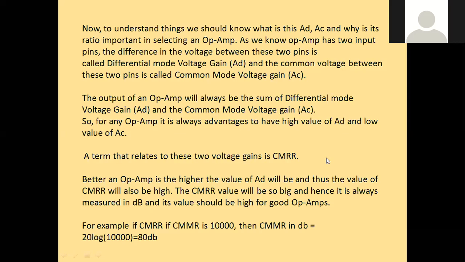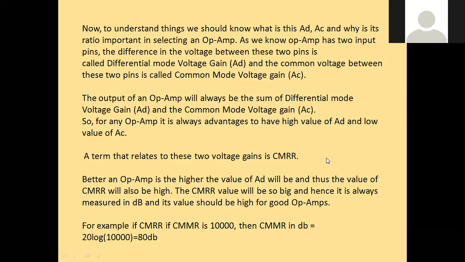And it is always observed that the value of CMRR should be very high. So if we want the value of CMRR to be high, we have to select such signals that the value of AD is high when compared to the value of AC. Then only the value of CMRR will be high.